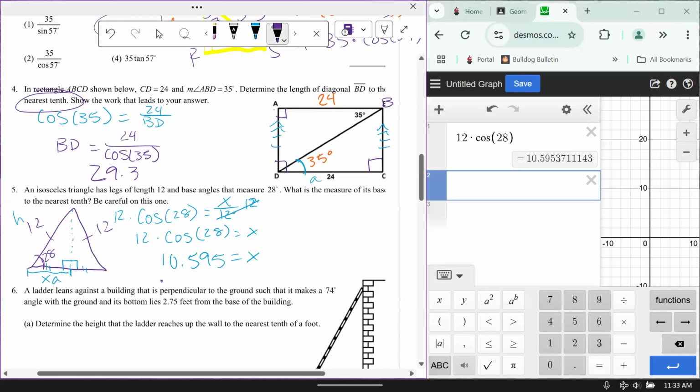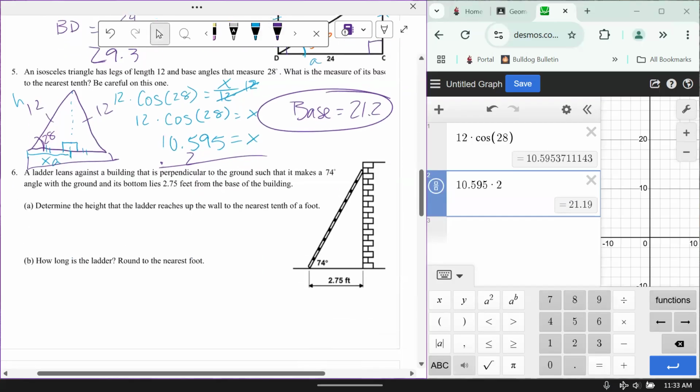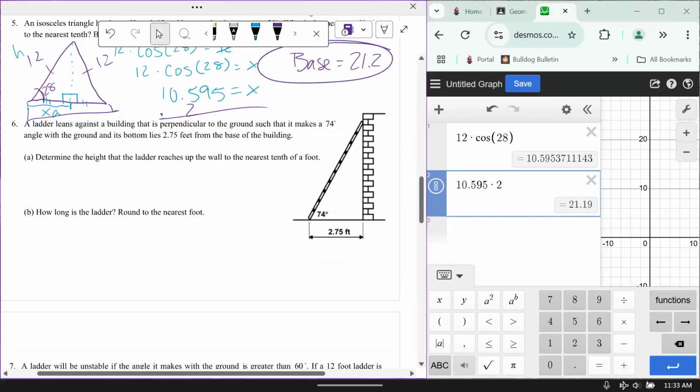If we multiply it by 2, that will get us this entire length, okay? So 10.595 times 2 gives us our entire length, so the base to the nearest tenth equals 21.2.